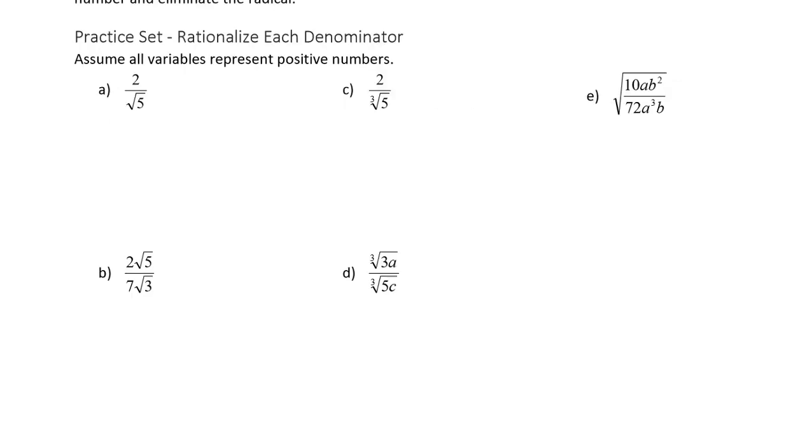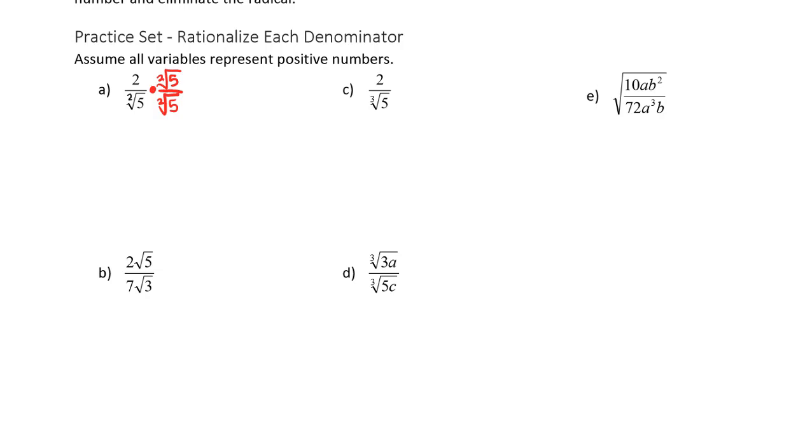This first fraction already has 2 over root 5. So this is simplified as far as it can go, but we do need to rationalize each denominator. So what we're looking for is the number we can multiply to root 5 that will undo the radical. Since the index on this denominator is 2, we're looking for a fraction equivalent to 1 that when multiplied to the root 5 will undo or get rid of the radical.